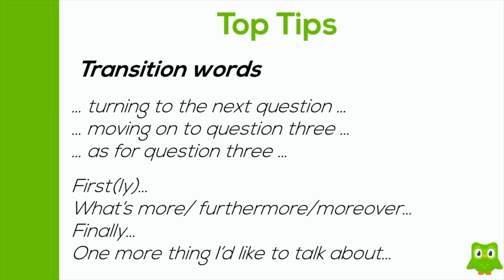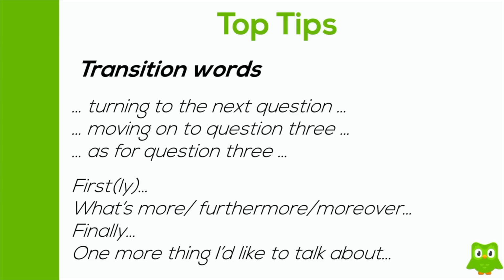You can also use these transition words when you are giving your answer. So you can signpost your ideas by saying first, second, third, or firstly, secondly, thirdly. When you want to give more information, you can say what's more, furthermore, or moreover. And when you're about to finish your answer, you can say finally.